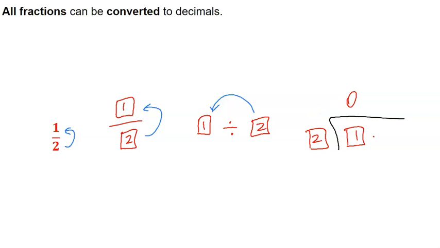Clearly it cannot, but when I introduce the decimal point and a 0 and question, does 2 fit into 10? It fits 5 times. And in this way, we can conclude that 1/2 is equivalent to 0.5, or half of 1 whole, as a decimal value.